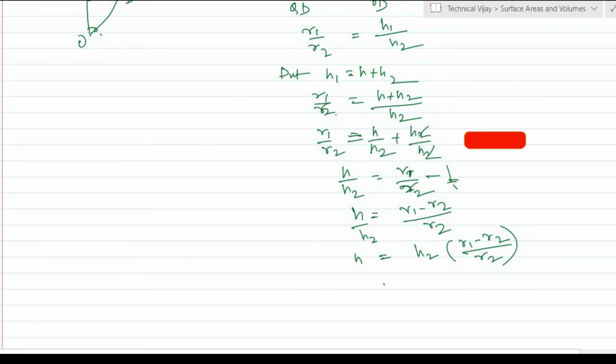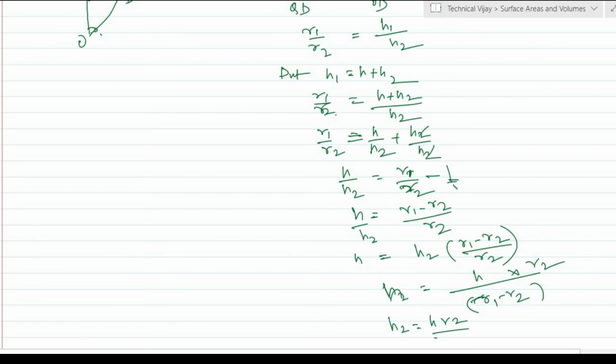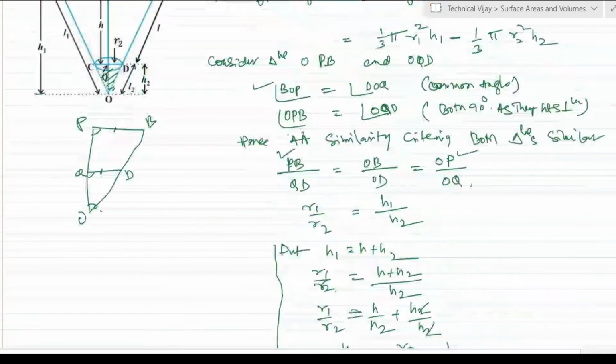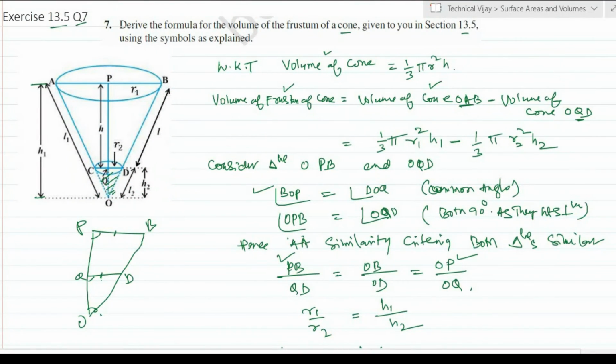Or otherwise we can calculate H2: H2 is equal to H divided by (R1 minus R2) by R2, which means H2 is equal to H into R2 divided by (R1 minus R2). This is the H2 value, and we will call this equation 1.